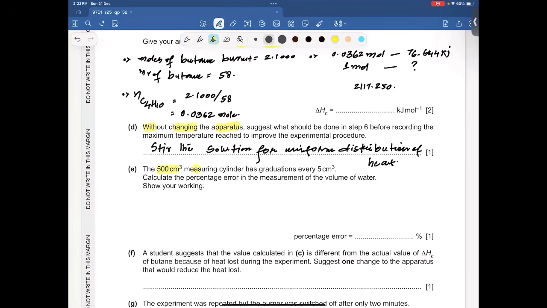The 500 cm cube measuring cylinder has a graduation every 5 cm cube. Calculate the percentage error in the measurement of the volume of water. Show your working. Guys, the graduation is 5 cm cube, and normally we take an initial and final value, so times 2, because we are taking 2 readings, and the volume of water used was 320 cm cube. So the percentage error is going to be how much?